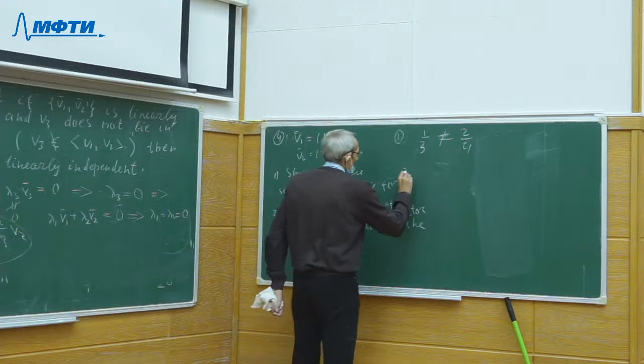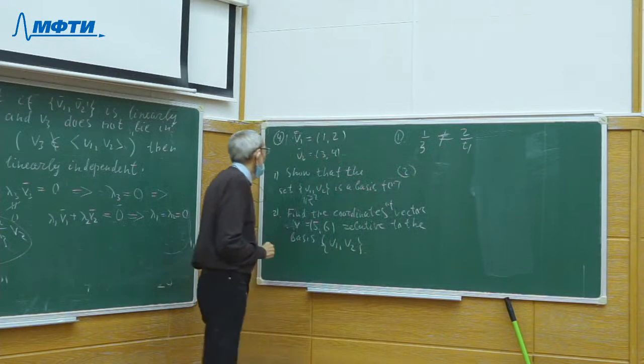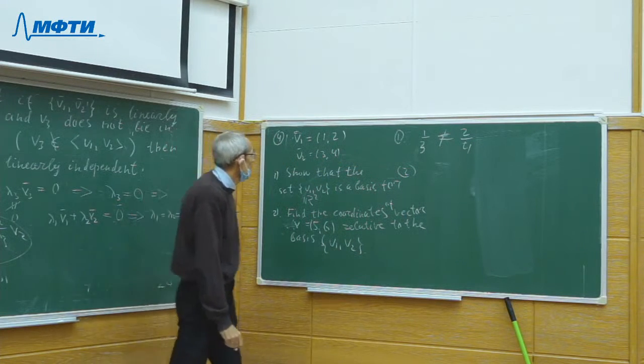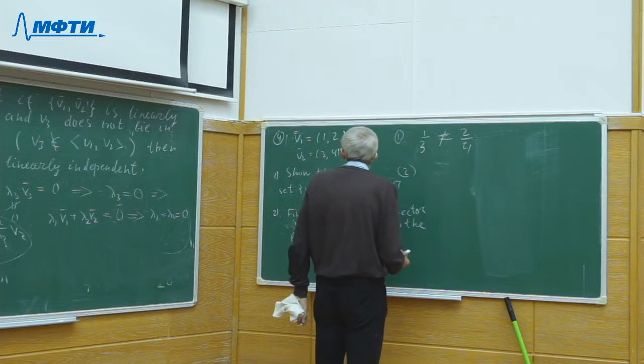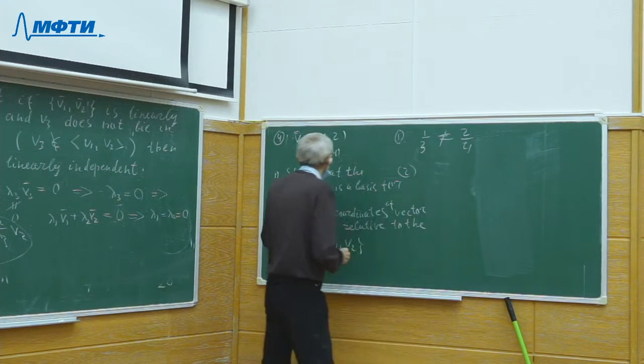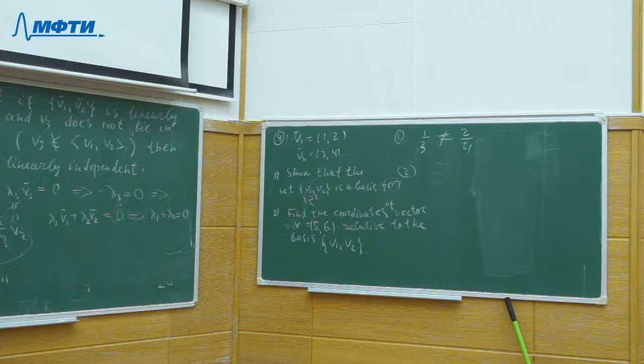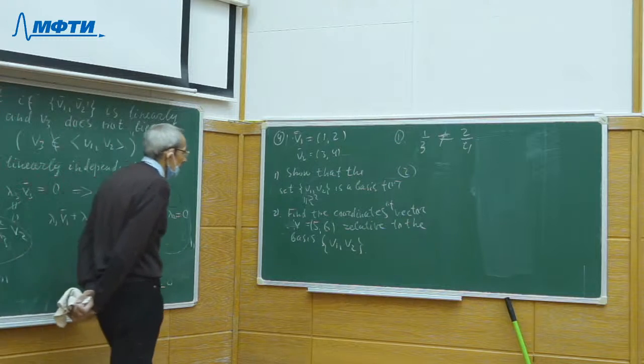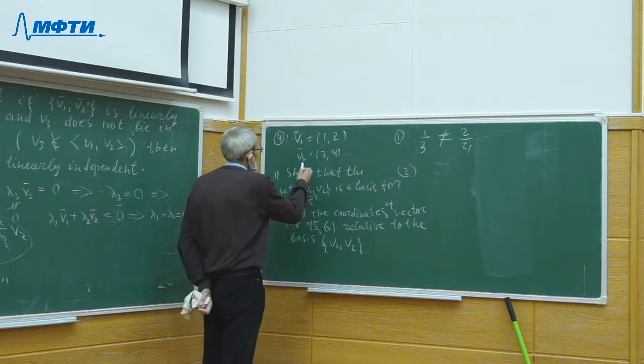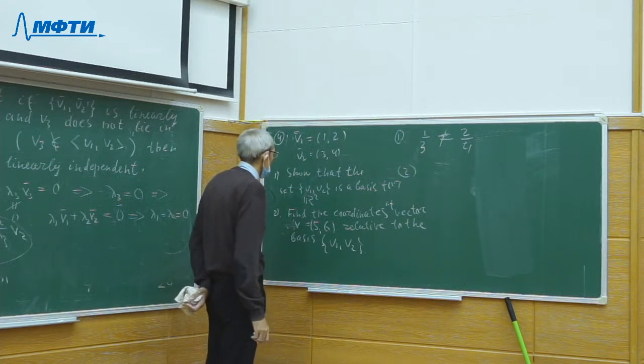The second way to prove this fact: we can prove that these two vectors are linearly independent, and we can prove that every vector can be expressed as a linear combination of these two vectors.